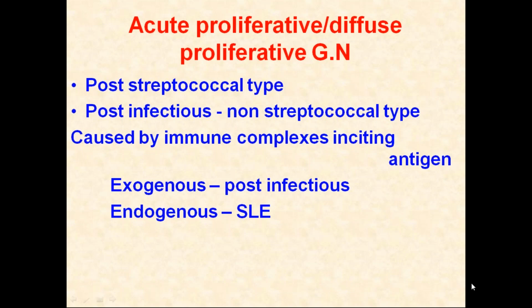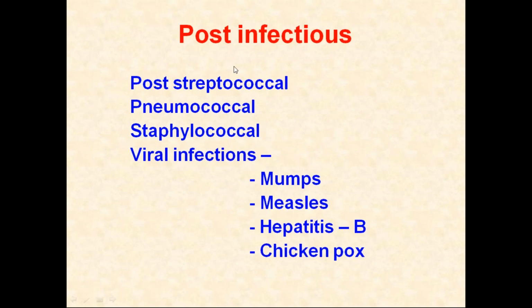Mostly it is post-streptococcal, or it could be a non-streptococcal type, or other post-infectious conditions, and an endogenous cause like SLE can also cause diffuse proliferative glomerular nephritis.